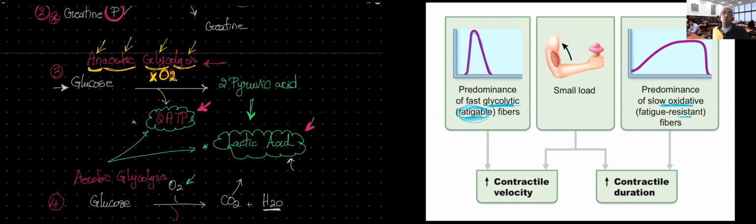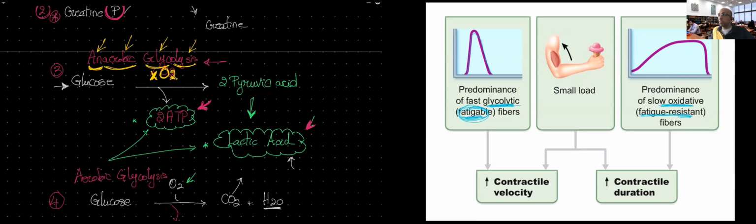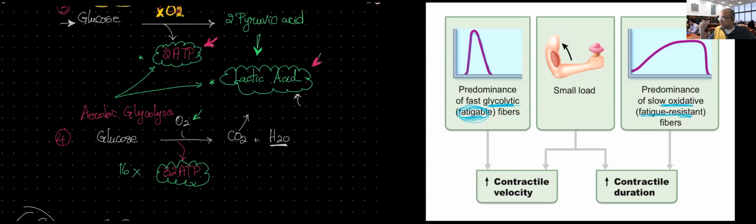Compared to that, for how long do you contract your back muscles? All day. They are slow, definitely, compared to the ones that move the fingers, but they are fatigue resistant. Why? Because they contain slow oxidative muscle fibers, which break down glucose in the presence of oxygen.